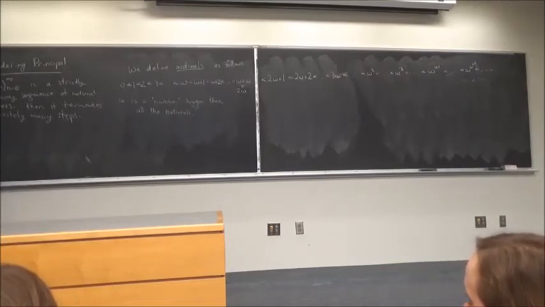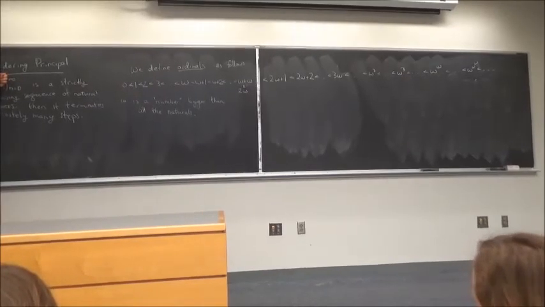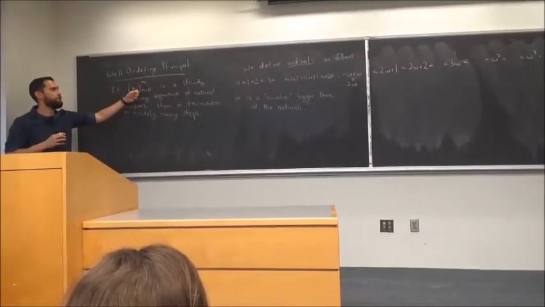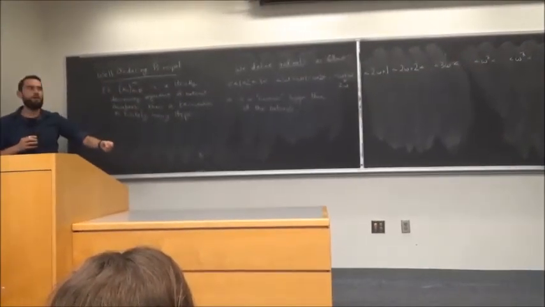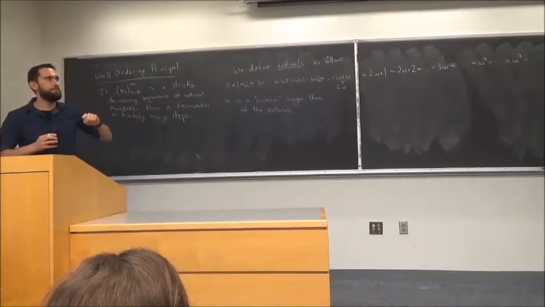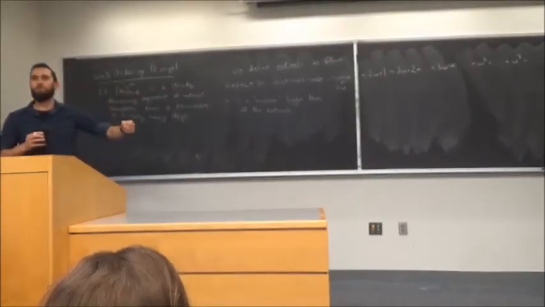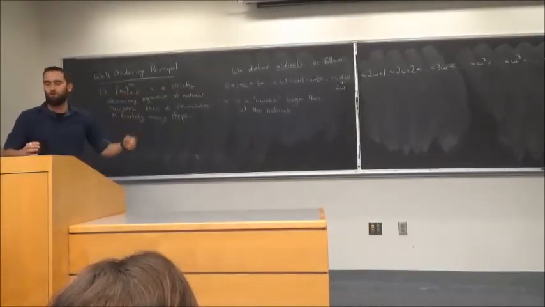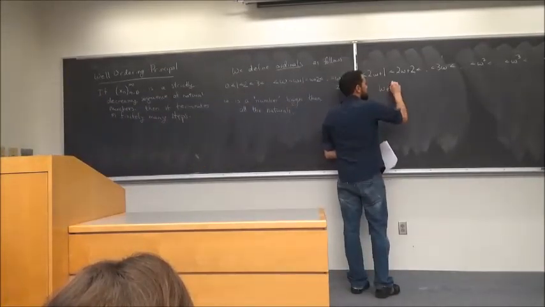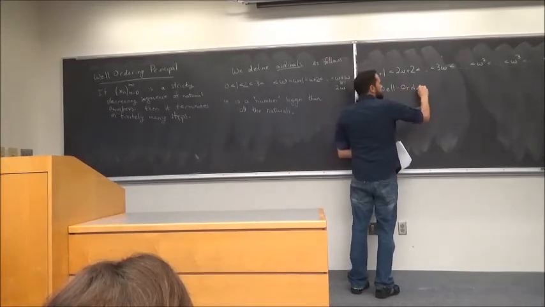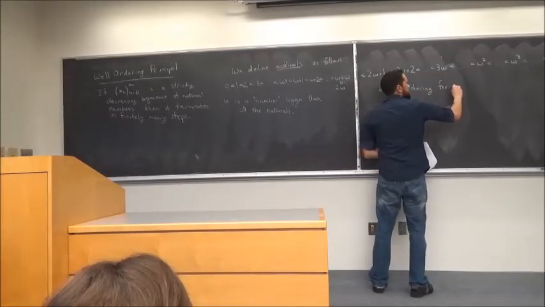Here's the interesting thing about ordinals. So natural numbers, we said, have this well-ordering property, right? If I take any sequence of natural numbers that's strictly decreasing, that sequence terminates in finitely many steps. The ordinals, as an extension of the naturals, retain that property. The ordinals are actually well-ordered in this way as well. Right? So we actually have this property, and we'll do an example in a second. We actually have the well-ordering for ordinals.